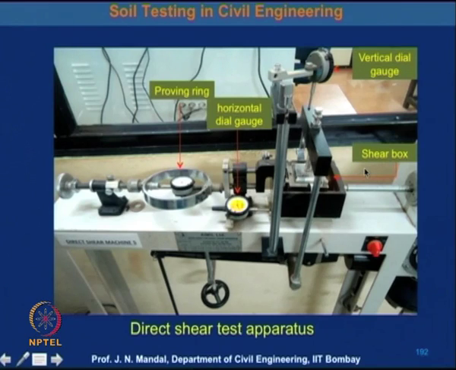So, you can measure the proving ring and then the load is applied. Under what load, what should be the horizontal dial reading, and what should be the vertical dial reading, which you can measure from the shear box test under different loading conditions. I will explain this later.